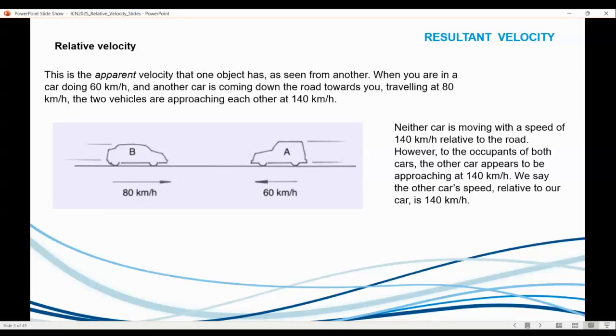The two vehicles are approaching each other at 140. Do you guys get that? Does it make sense to you? So that's relative. Relative to car A, we're seeing it approaching at 140.